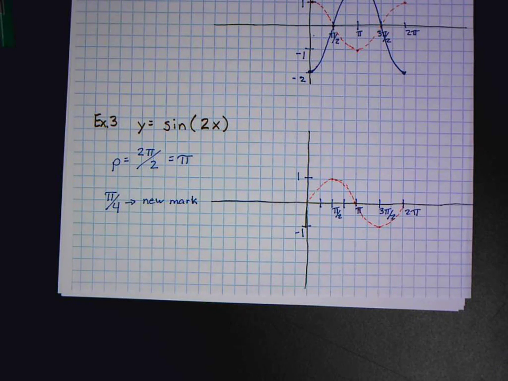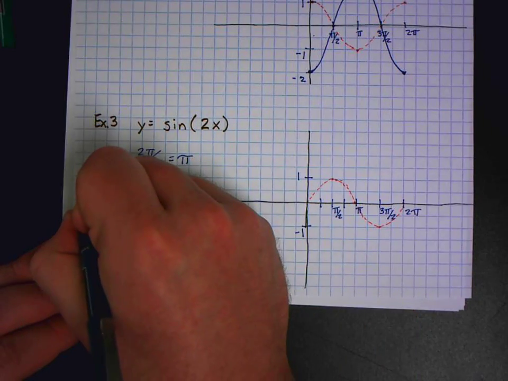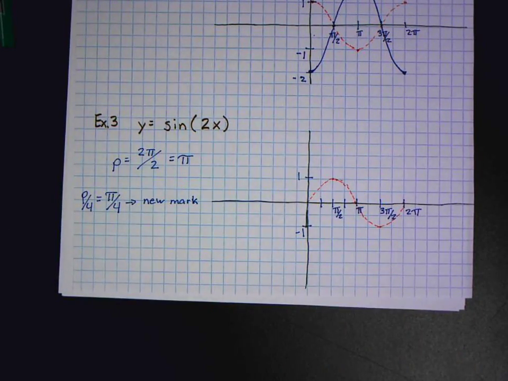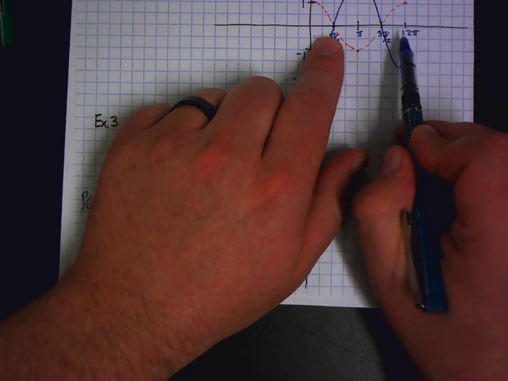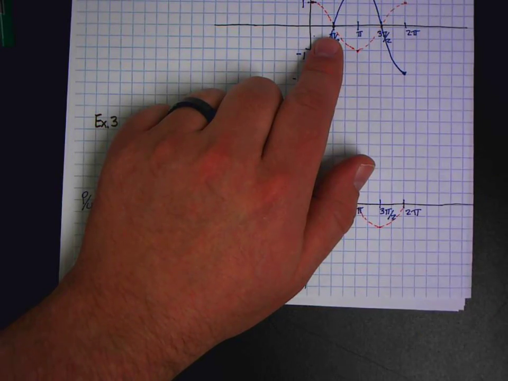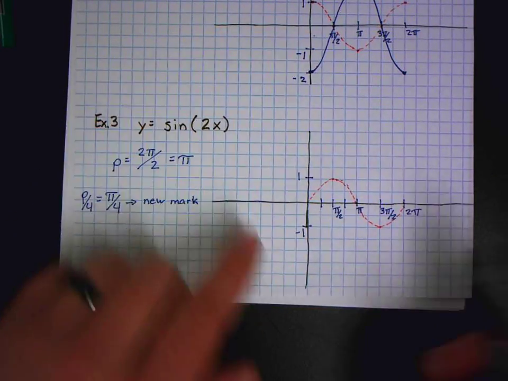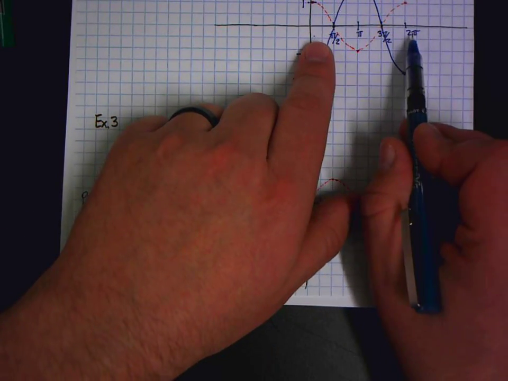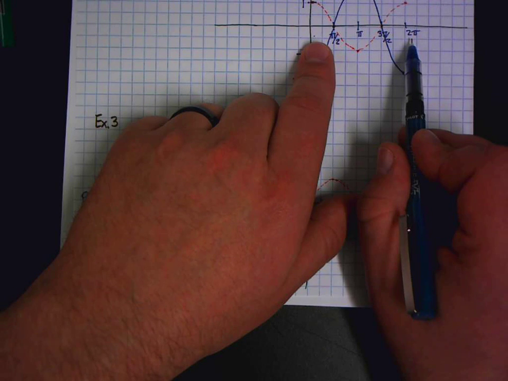I take my new period and divide it by 4. That's defined because normally I have 4 marks, correct? Well, I need 4 marks to use to graph with. So I need to take my new period and divide it by 4. That's how these marks are created. If you take 2 pi and divide it by 4, you get pi over 2.